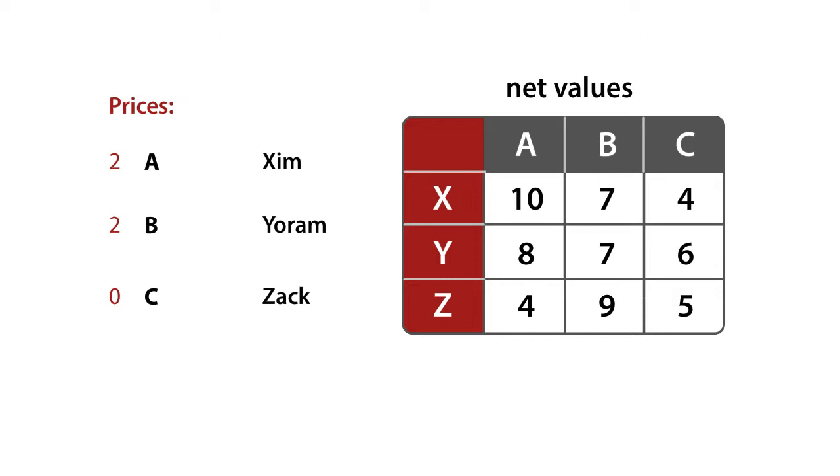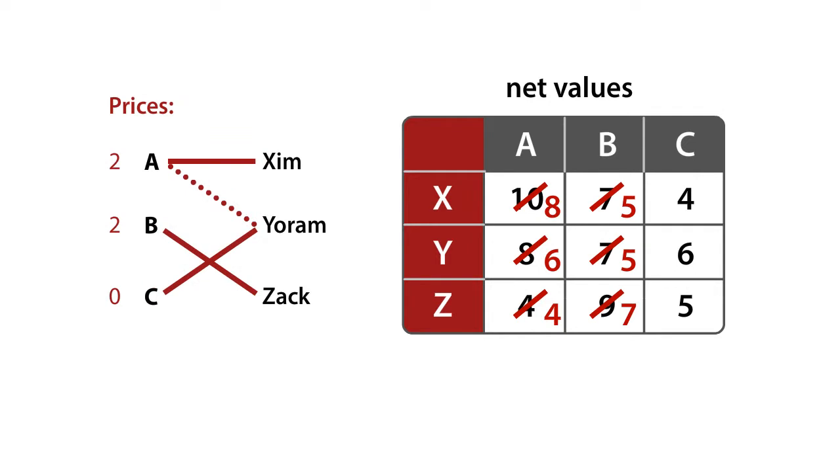If there's a price of 2 on an item, the net value is the original value minus the price 2 that he or she had to pay. With these prices, we set up a preferred buyer-seller graph, which again was connecting everyone to their favorite item. And we found that these are market clearing. There's a way to assign each of the buyers to their favorite item or one of their favorite items. And that got us a matching, as we can see.